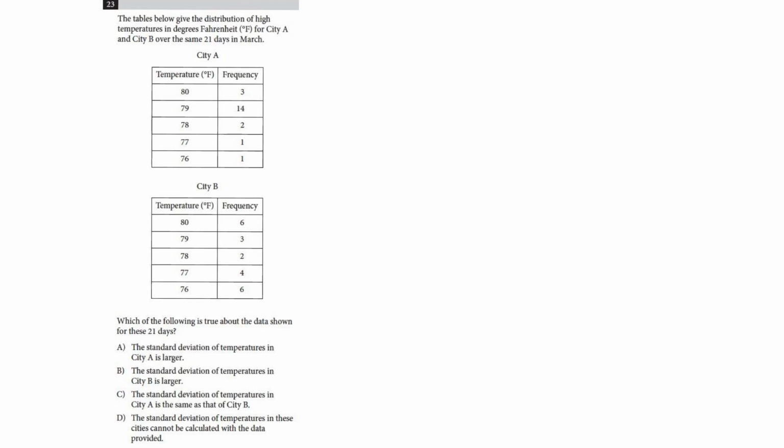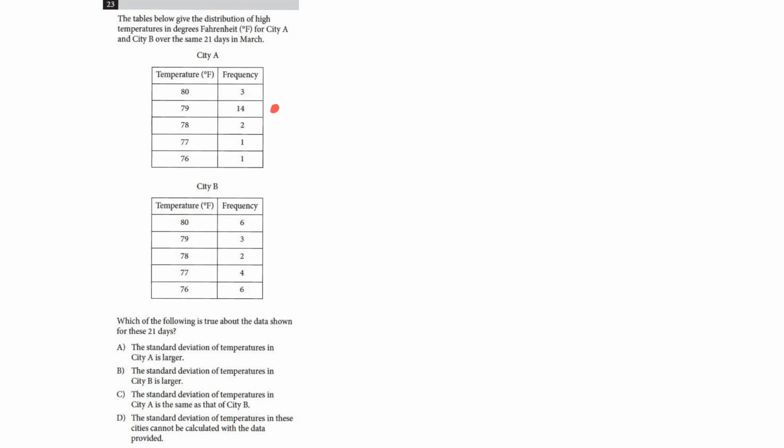So let's just take a look and see if we can figure this out by visual inspection here. Both these tables have the same max and the same min, and they have the same intervals too. The first table, City A, has a lot of data kind of right around here, up towards the upper end.